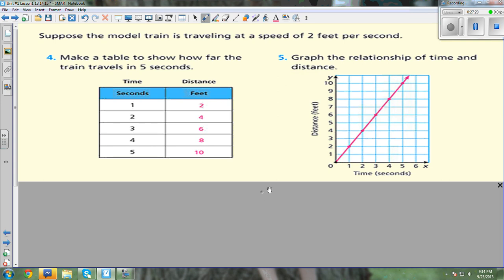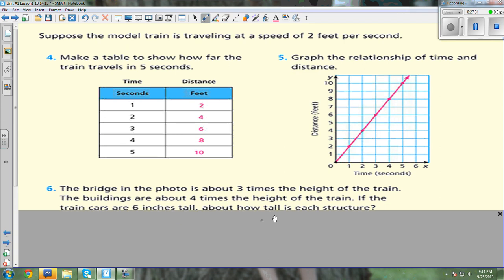All right, down below it says the bridge in the photo is about 3 times the height of the train. The buildings are about 4 times the height of the train. If the train cars are 6 inches tall, about how tall is each structure? So the bridge is 3 times the height of the train. And we know that train cars are 6 inches tall, so it's 3 times that, and then it's 4 times that.